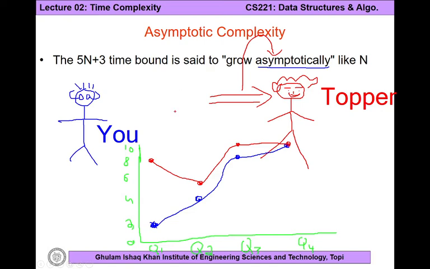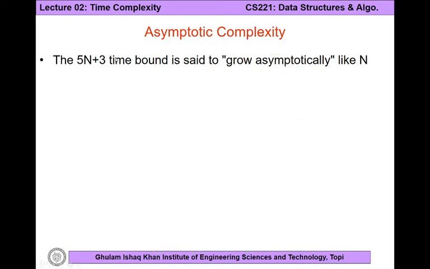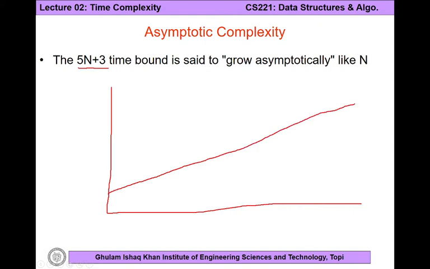Now coming to the actual example, this 5n plus 3 bound is said to grow asymptotically like n. For example, if I draw the line for n, this line, and for 5n plus 3 let me draw a line, let's say a green line.